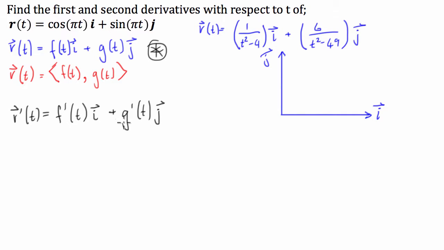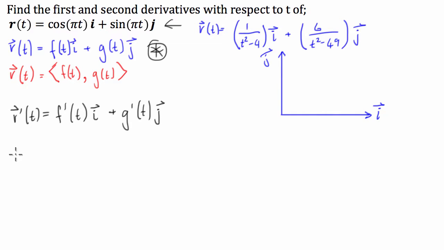Now, let's apply this to the example function up here. We have r of t equal to cos of pi t i plus sine of pi t j. Hopefully you guys are aware of the chain rule, because we're going to need to use it here.